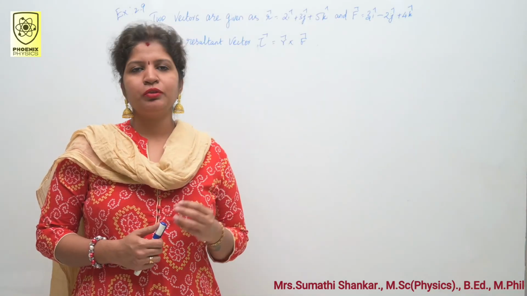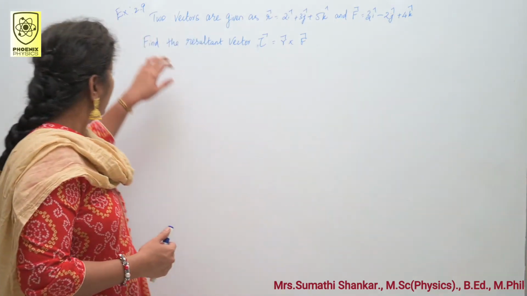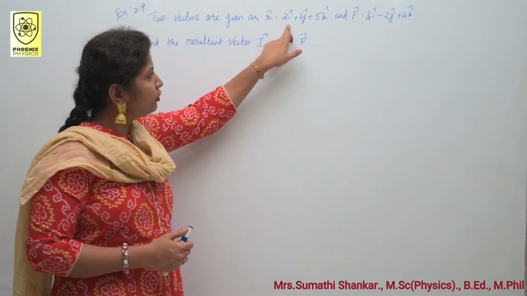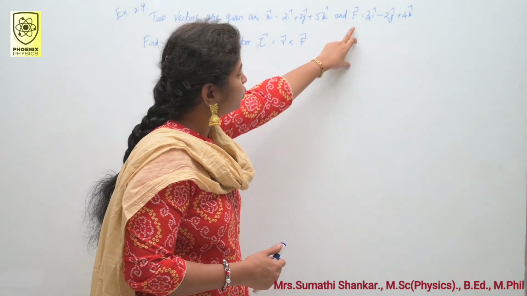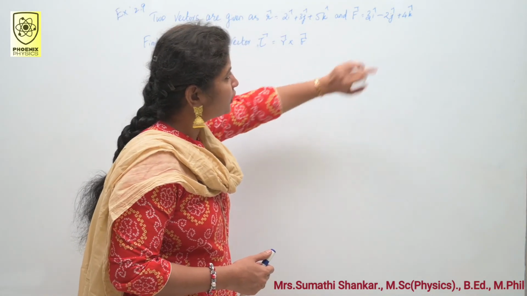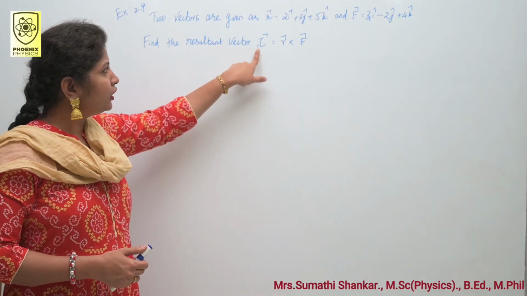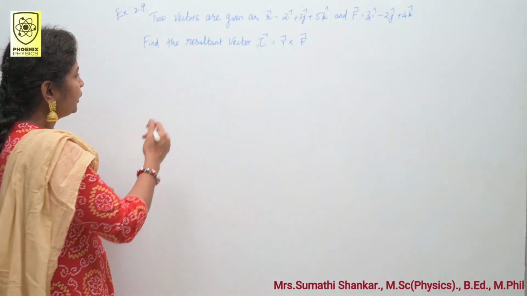Based on the concept of vector product, one example problem is given. Two vectors are given: r vector is equal to 2i vector plus 3j vector plus 5k vector and F is equal to 3i vector minus 2j vector plus 4k vector. Find the resultant vector tau is equal to r cross F. How do you calculate this?